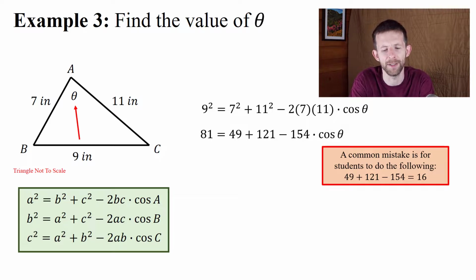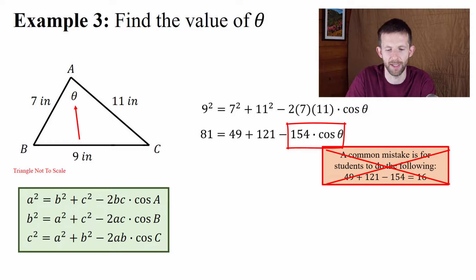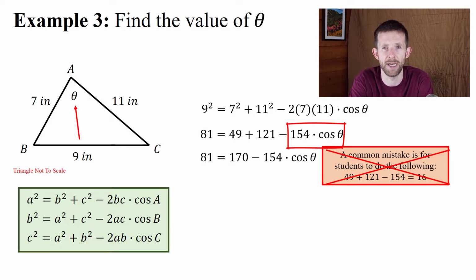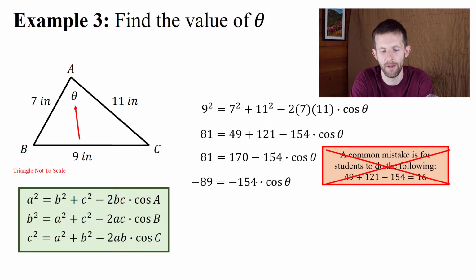Now the common mistake here is just to take all three numbers on the right and combine them, so to say 49 plus 121 minus 154 is 16. The reason you can't do that is because of the order of operations: the 154 is stuck with the cosine of theta. So I can combine the 49 and the 121, and I can bring them over to the left side, but that negative 154 has to stay with the cosine of theta until I'm ready to divide.